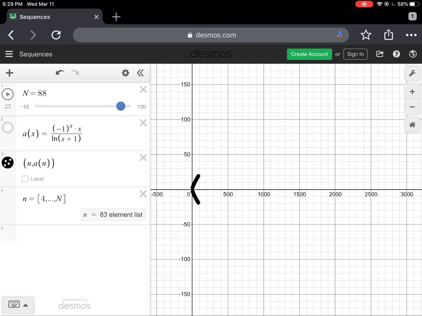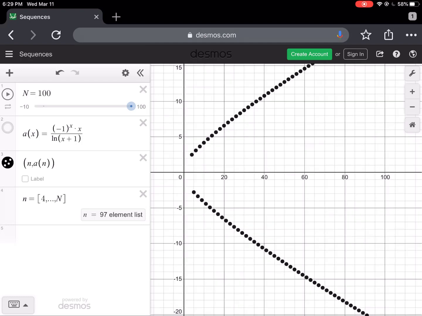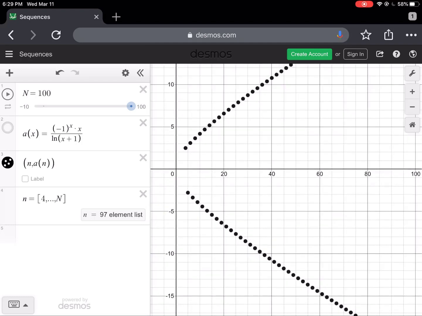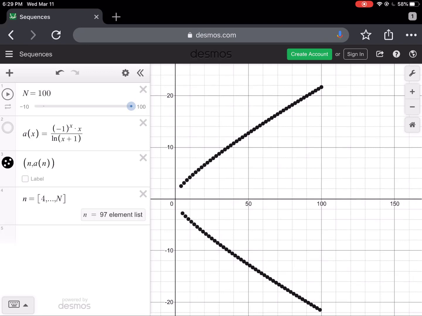So I'm going to go ahead and just use this. And we can see that this is what the sequence is doing. Let me go ahead and maybe zoom in on these. This kind of looks like a function here, but you can see they're actually all individual dots. And so you can see that all of the even x's, that -1 raised to an even number, that's going to be this whole positive line here.